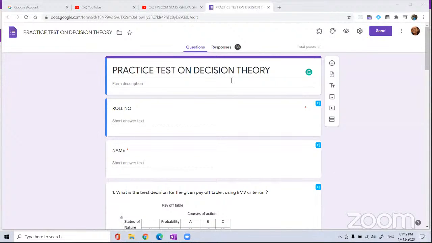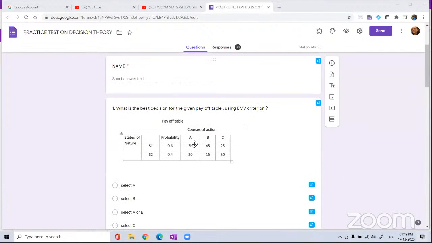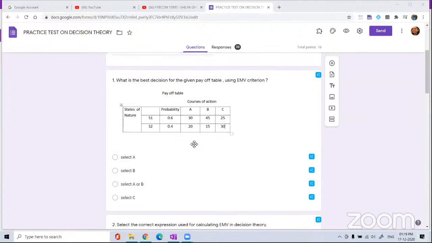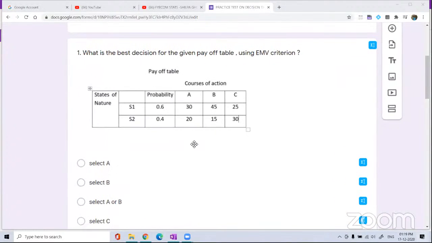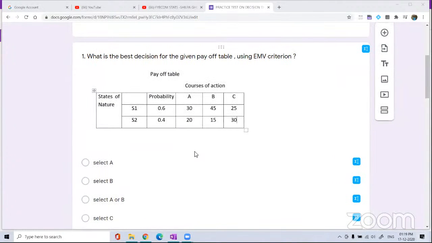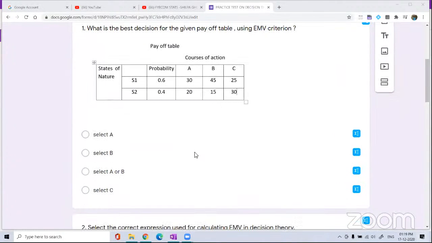So this was the practice test. Most of you have attempted the practice and you know what the correct and wrong answers are, but still I thought let me just recall it. Now here the question was on EMV criteria.